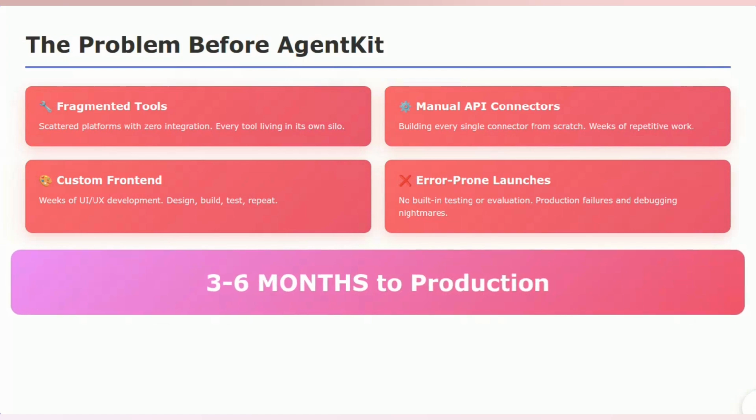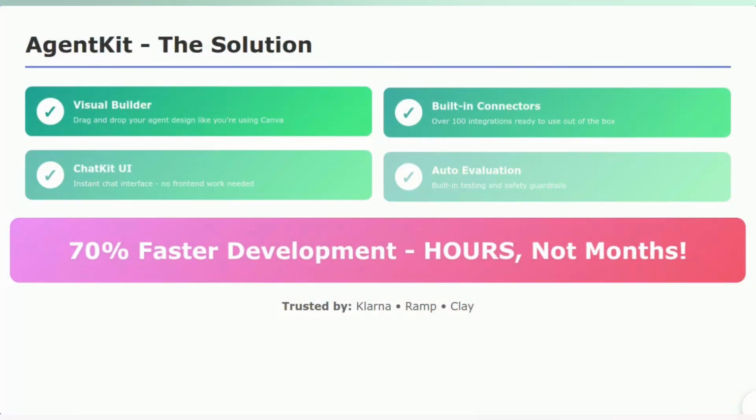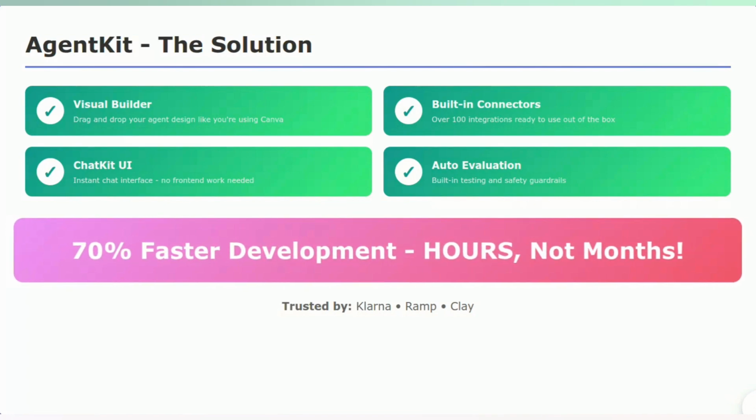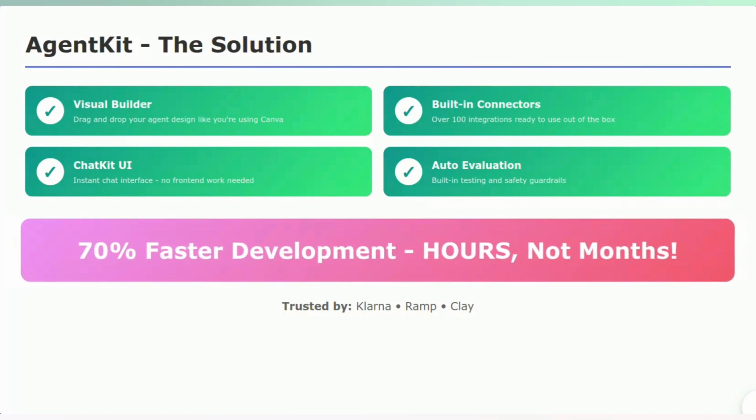That's insane. Enter AgentKit. OpenAI looked at all these pain points and said, we can do better. And they delivered. Visual Builder? Check. Drag and drop your agent design like you're using Canva. Built-in connectors? Over 100 integrations ready to use out of the box. ChatKit UI? Instant chat interface, no front-end work needed.